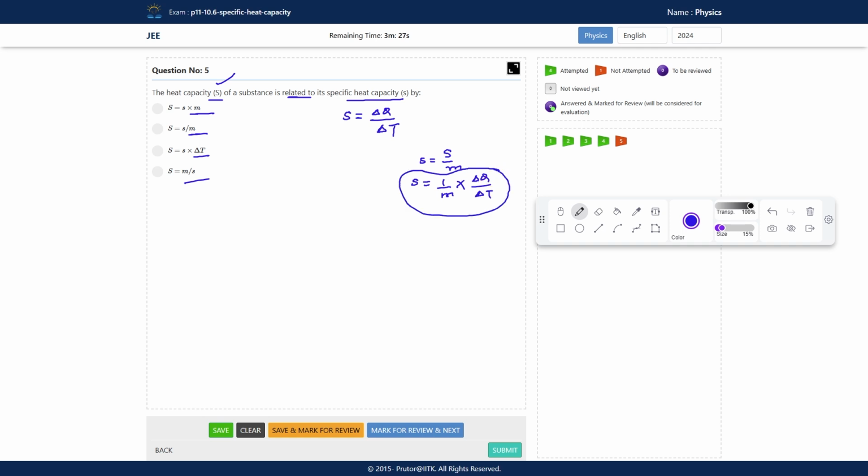So the relation is capital S is equal to small s into M. So which one is correct? Clear?